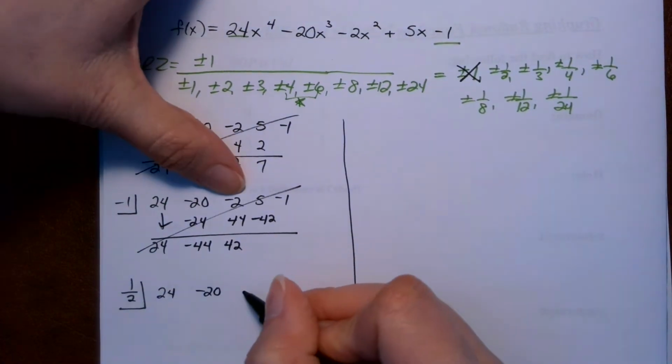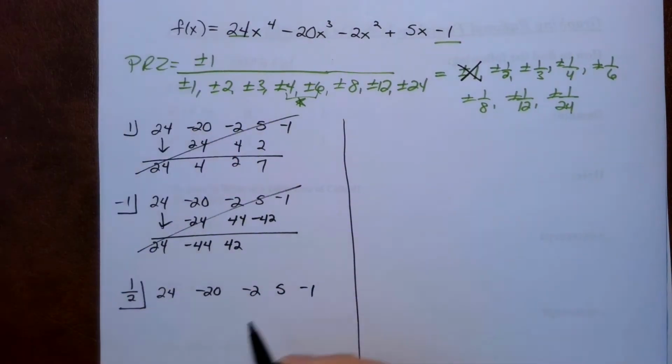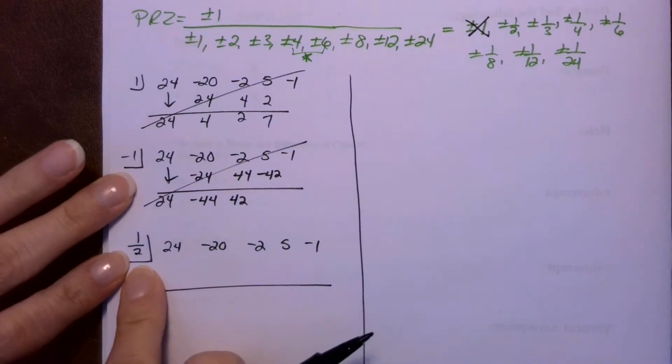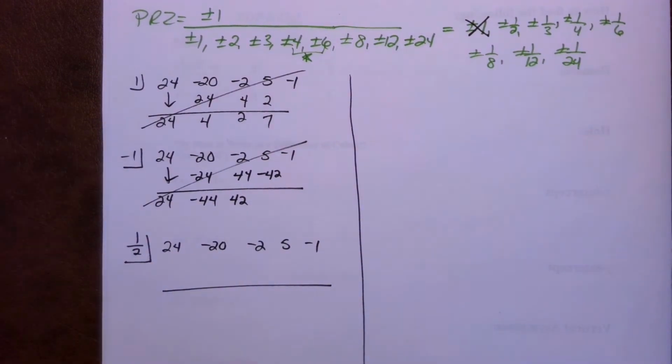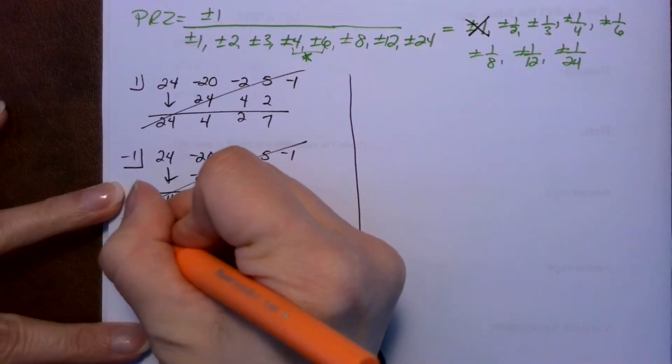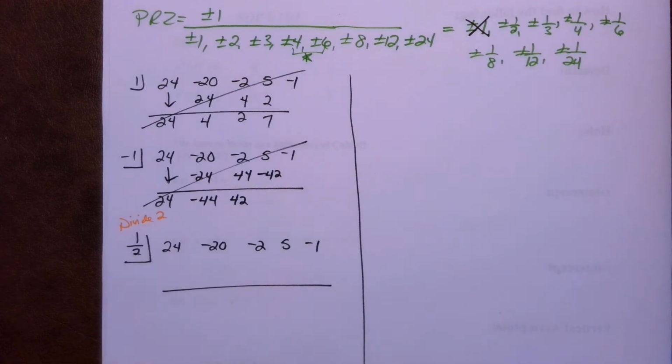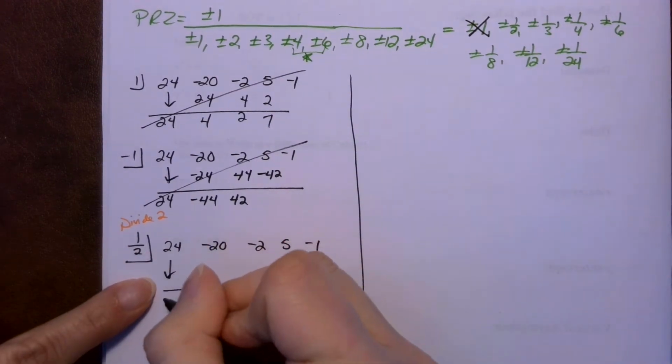2, negative 20, negative 2, 5, negative 1. I'm feeling good about 1/2. Okay, some people get scared of the fractions. 1/2 is the same as divide by 2. So you could say half or you could say divide by 2, whatever makes it easy for your brain. Okay, so I dropped down the 2.